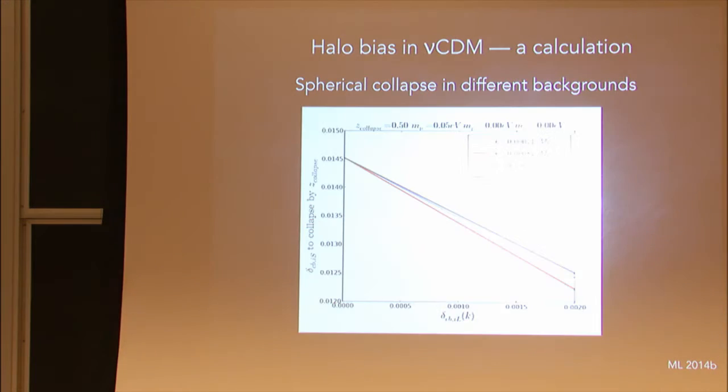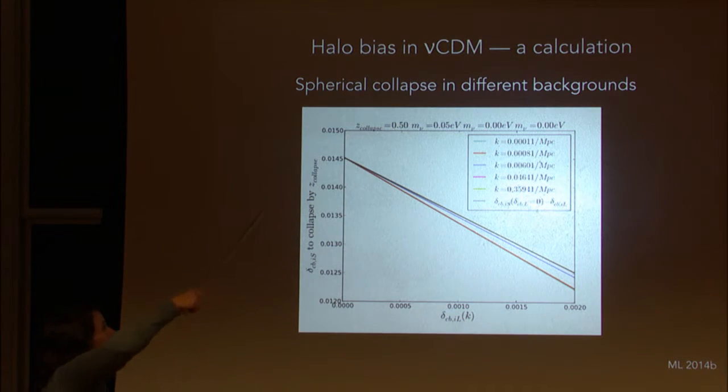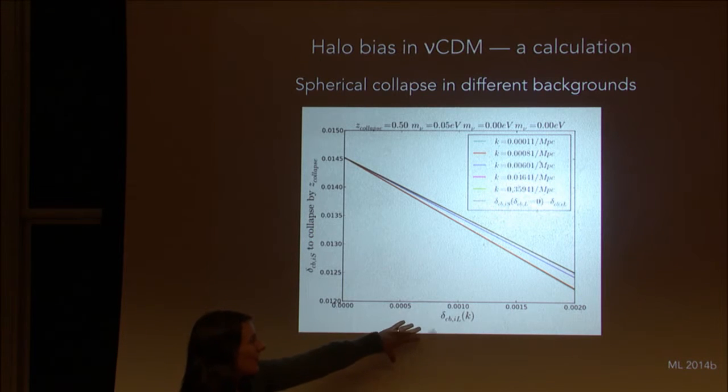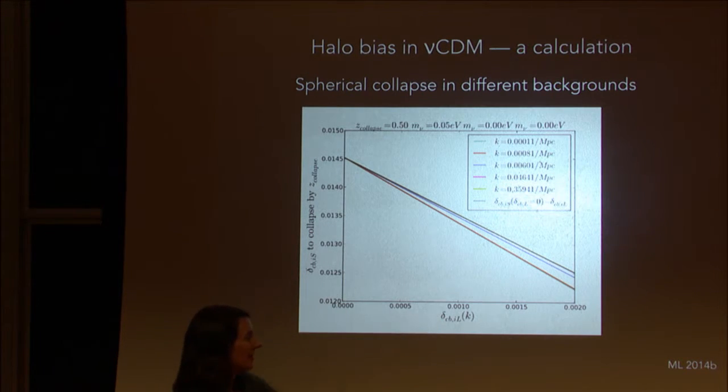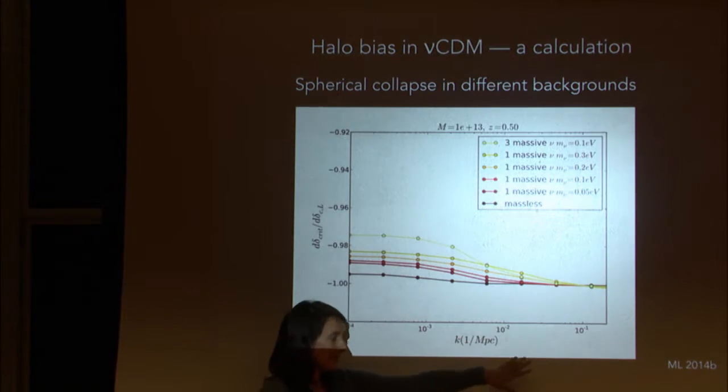And with that, you can calculate the local collapse threshold, so how large of an initial density perturbation I need to collapse as a function of adding the long wavelength background perturbation. And then I can just evolve these both to the present time and take the derivative and find how the local collapse threshold is changed by the presence of a long wavelength mode as a function of the scale of that mode.